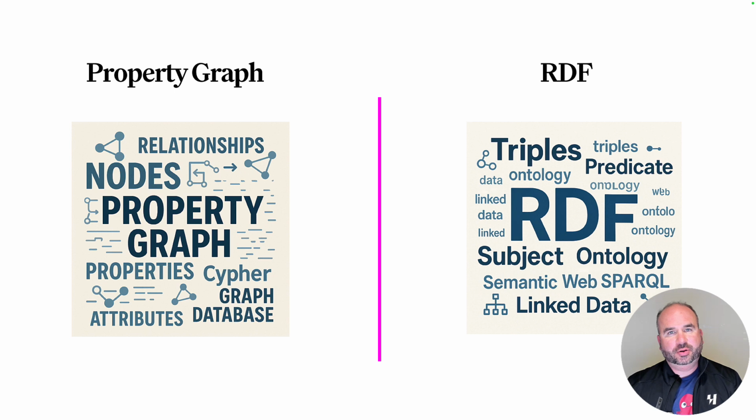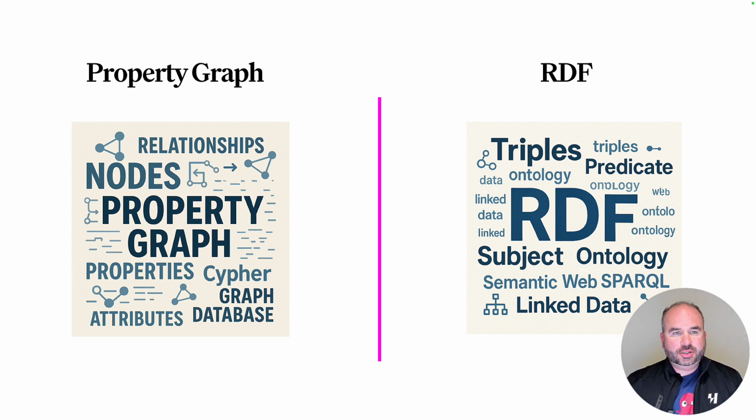We're thinking about traversing the graph using pattern matching, often with a query language called Cypher. In the RDF world, we're typically talking about ontologies, using a query language called SPARQL, thinking about triples. RDF comes from the semantic web and linked data world.